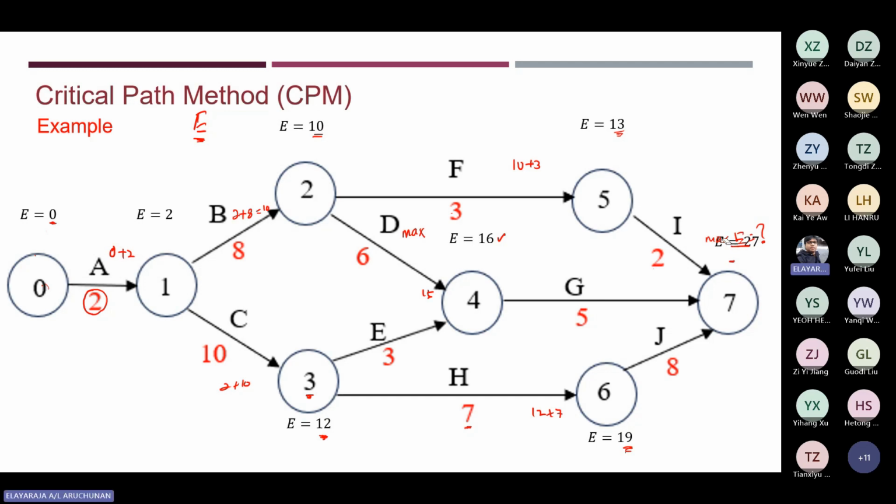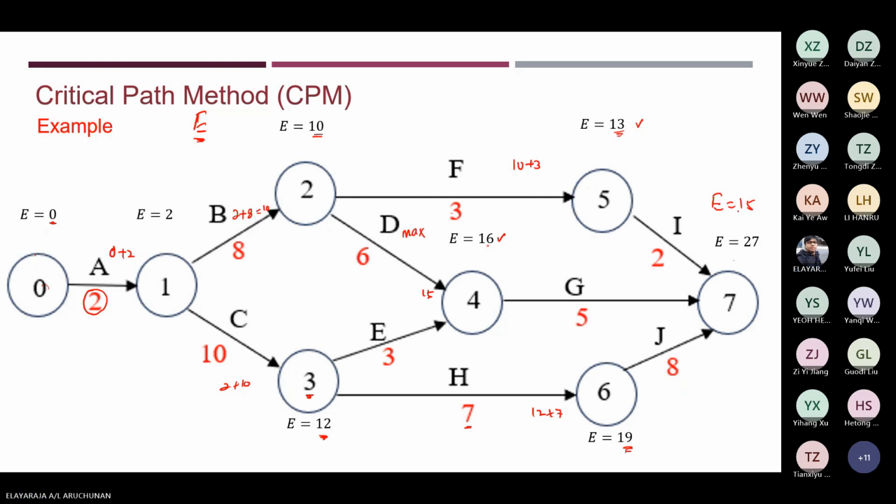Once you are done, you need to calculate the maximum value. Maybe you can take this first option: 13 plus 2, we got 15. So E is 15 if you follow this path.